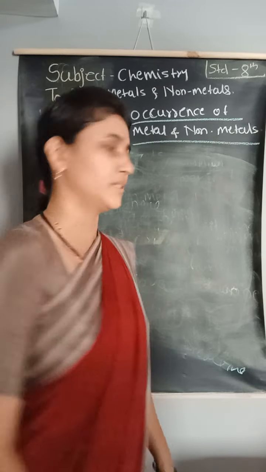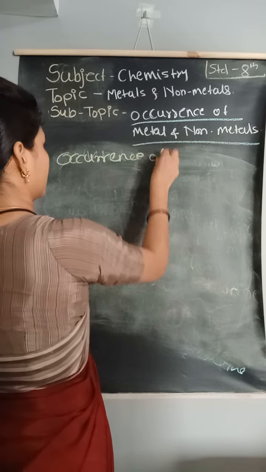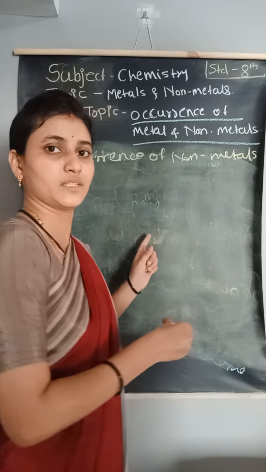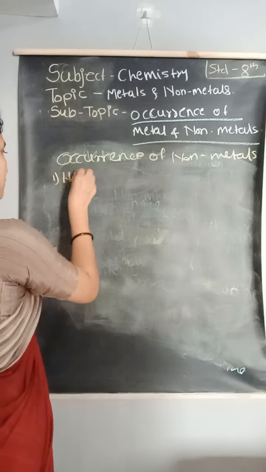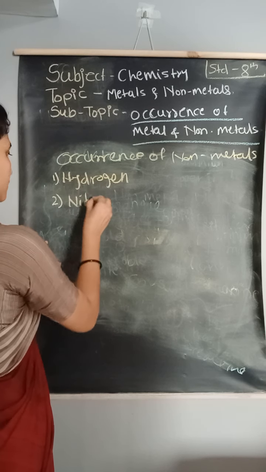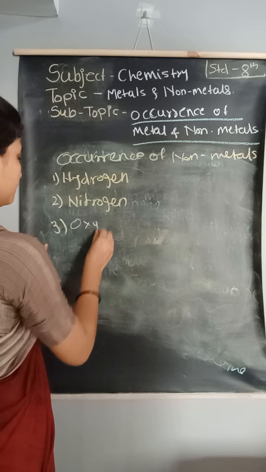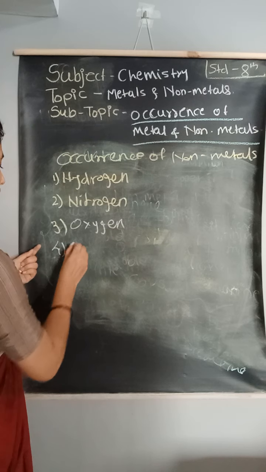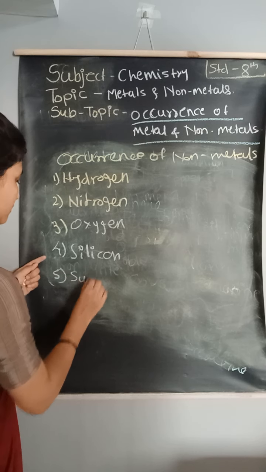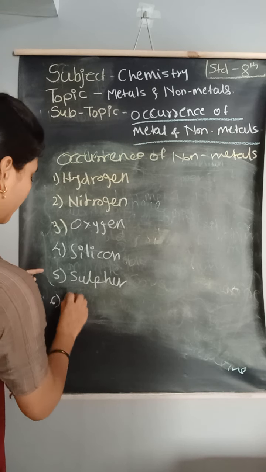In the occurrence of non-metals, we will see first hydrogen, second nitrogen, third oxygen, fourth silicon, fifth sulfur, sixth noble gases.